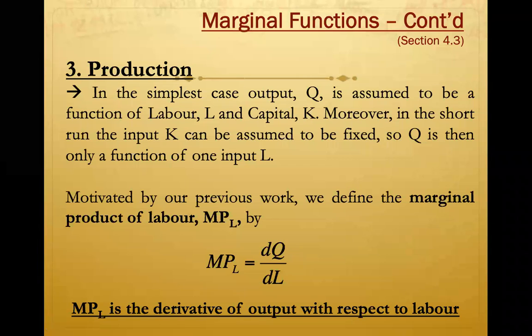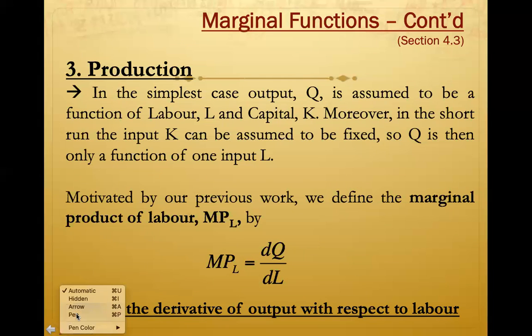So we can calculate the marginal product of labor or the marginal product of capital. There are two things that may change and give an effect on the output Q. In the first case, the variable that influences the output is L, labor.